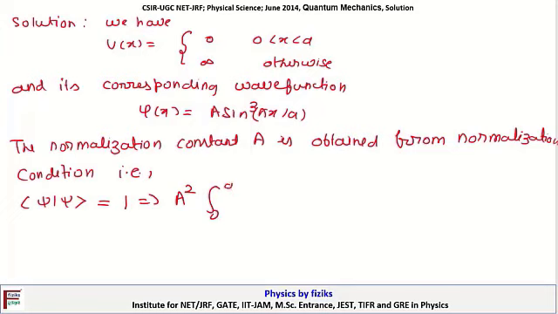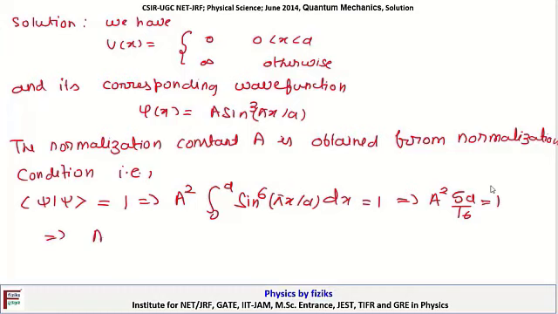A square, integral 0 to a sin 6 pi x by a dx is equal to 1, which implies A square is equal to 5a by 16 equals 1, which implies A is equal to root 16 by 5a.